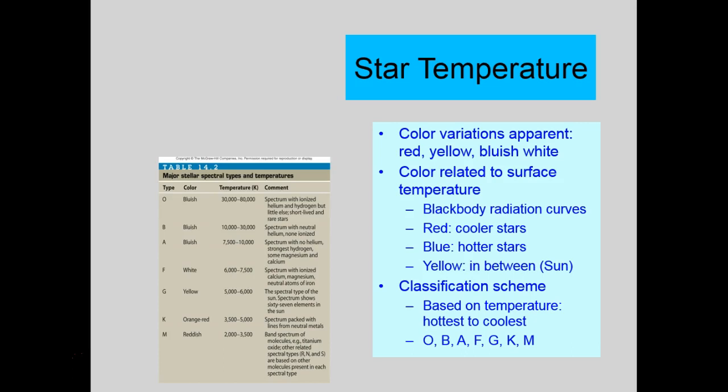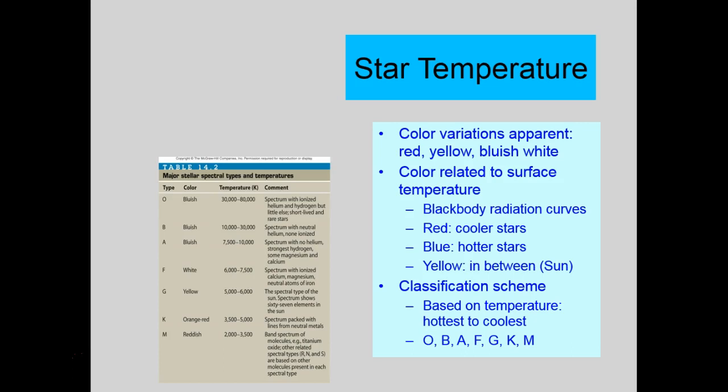We have about 110, 115, 120, something like that on the Earth. Not all of those are on the sun. The K are the orange-red stars. Those are cooler stars, 3,500 to 5,000 K, packed with lines of neutral metals. Not just a few elements, packed with neutral metals.